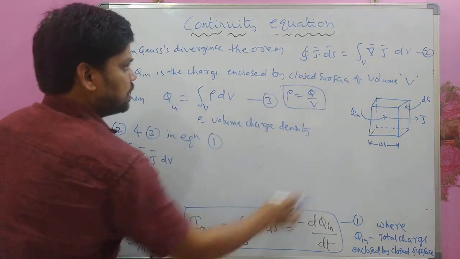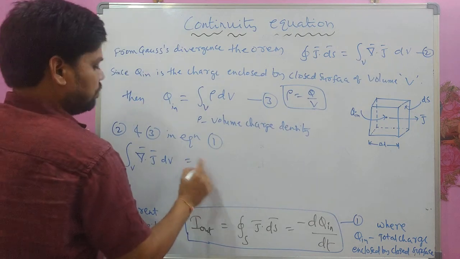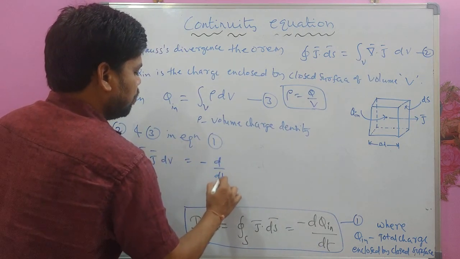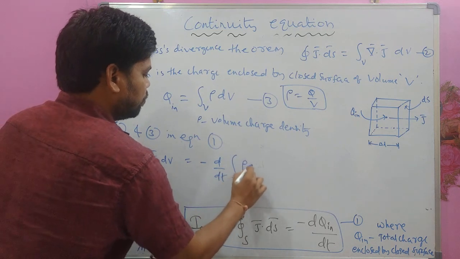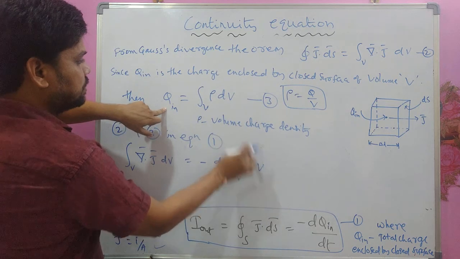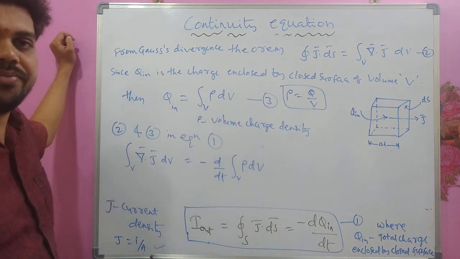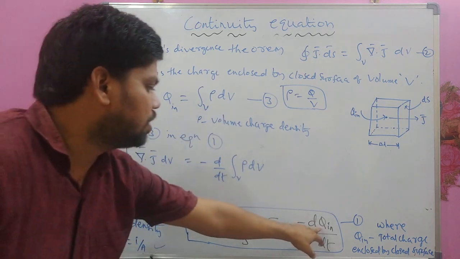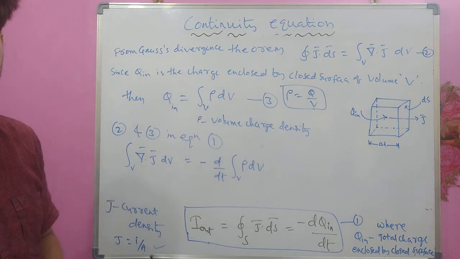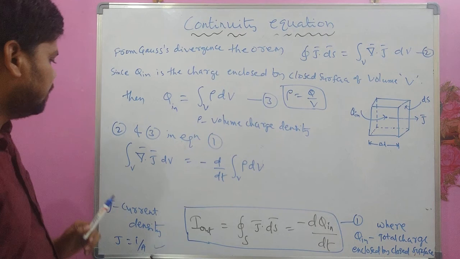In the place of this I have written this, is equal to minus d by dt of rho dV. In the place of q in I have written this one, equation 3. Very simple. What is the next step?